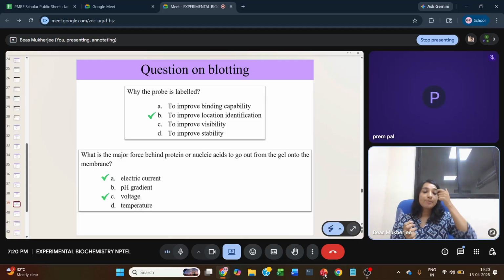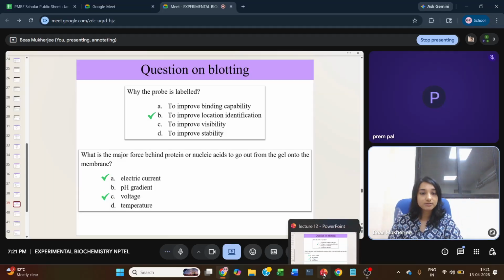So blotting happens because of electric charge and voltage difference. Only when there is voltage difference will electricity flow, and only then do all these negatively charged anions move towards the anode, and in between they meet the membrane where they stick. That is how we get the blot.